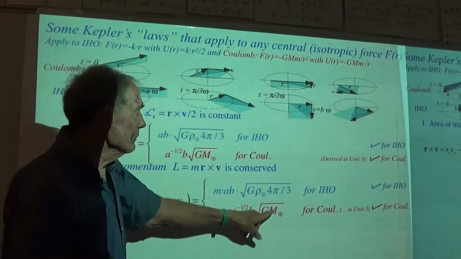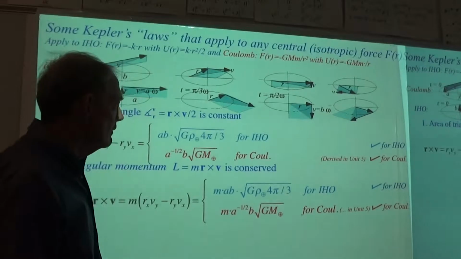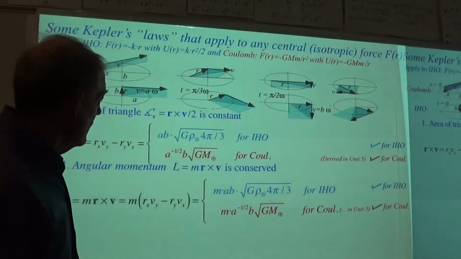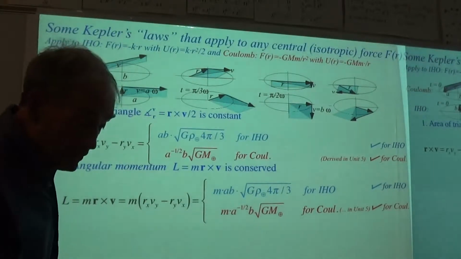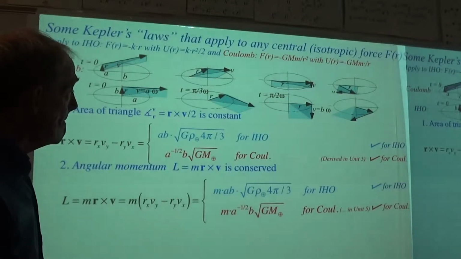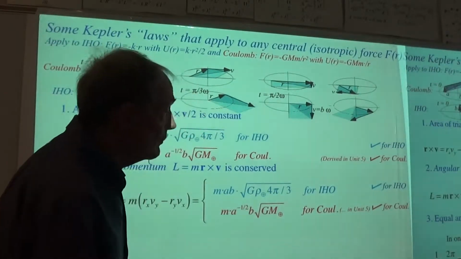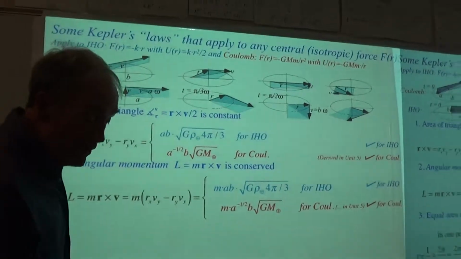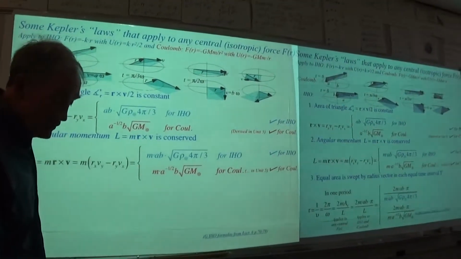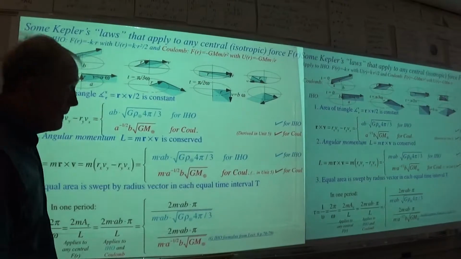Okay, this one you use the mass of whatever it is you're orbiting to calculate the orbital angular momentum L. Okay, so that's worth noting. And then the area swept. This is kind of neat as well.